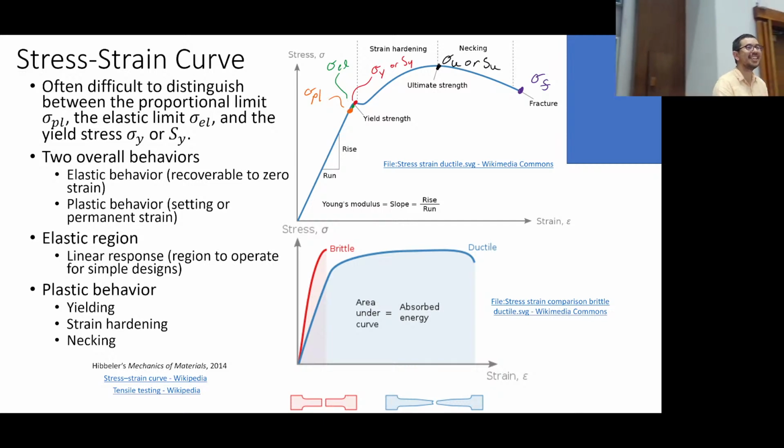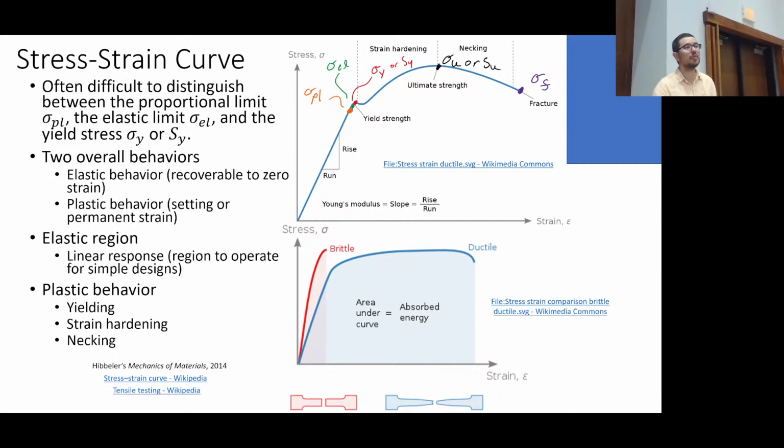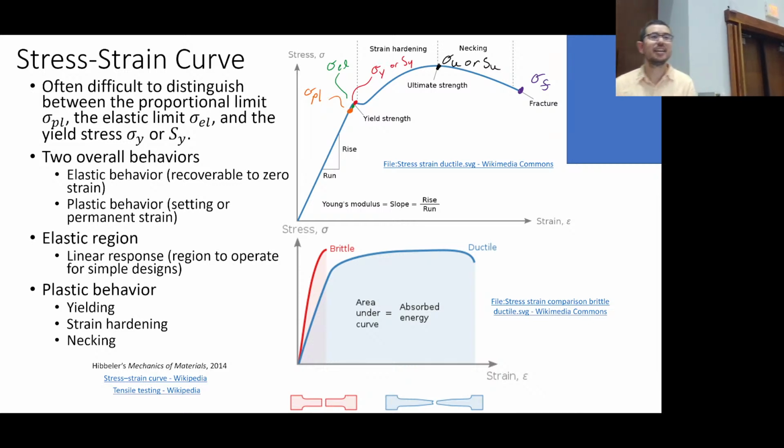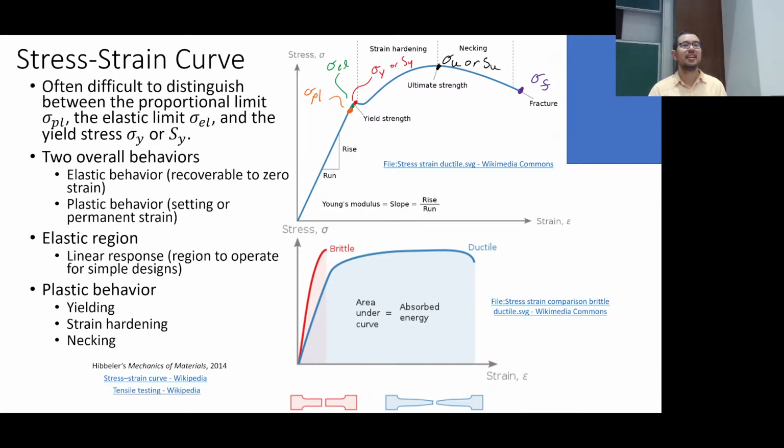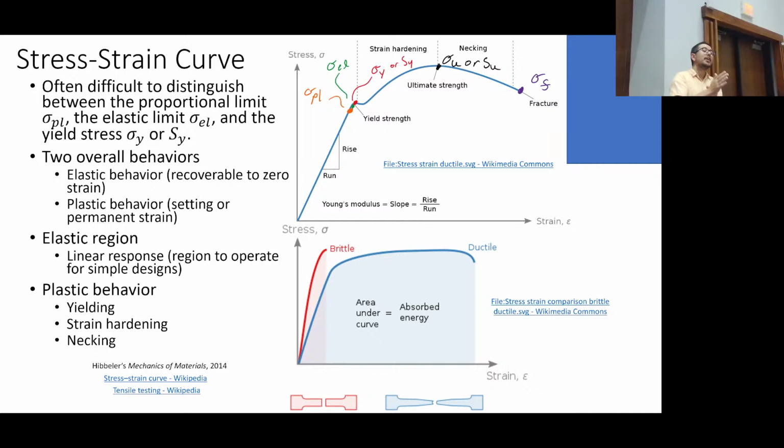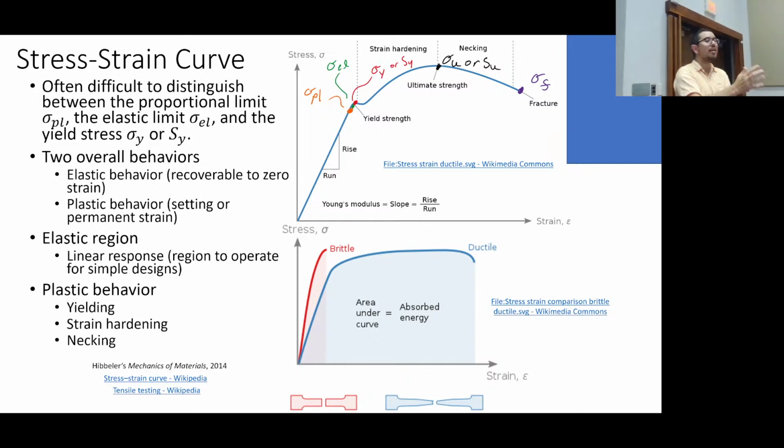Okay, yes. Is it possible for a graph to have 0 strain, but still have some stress? Okay, good question. So let's put it this way: what would the elastic modulus have to be for that to happen, to have stress but very little strain?